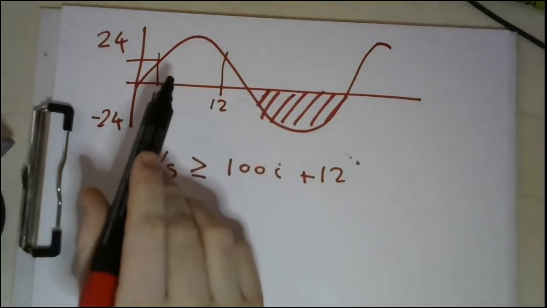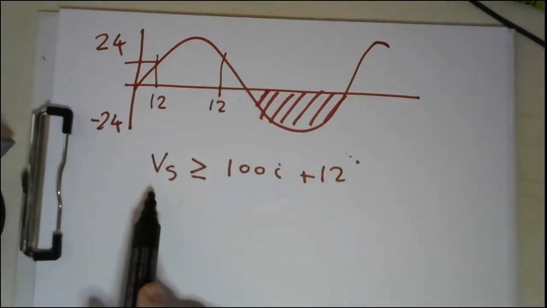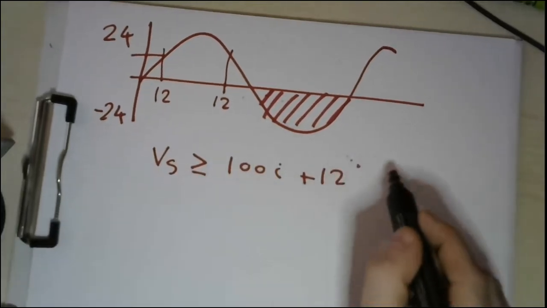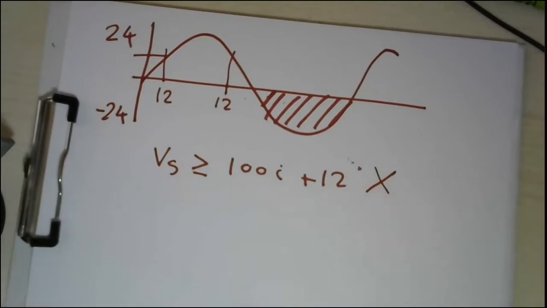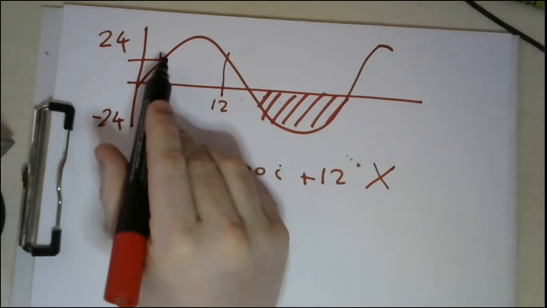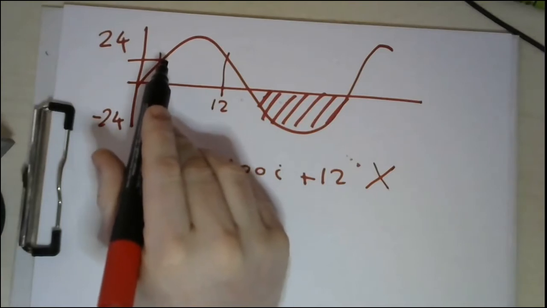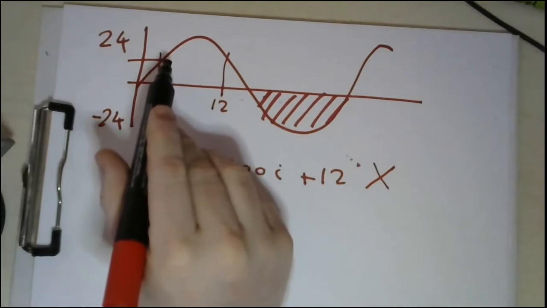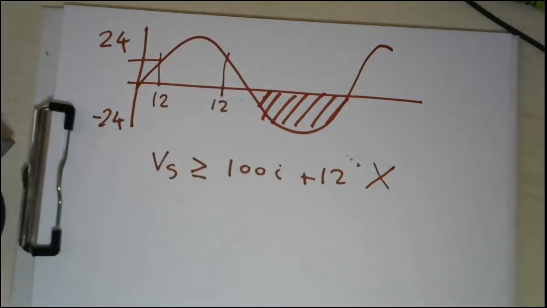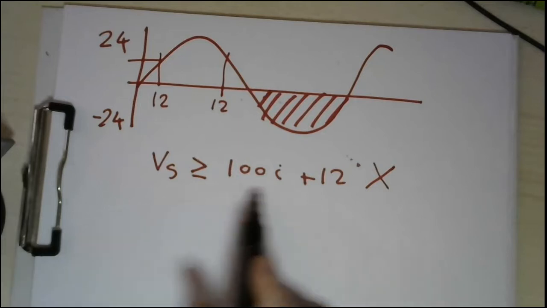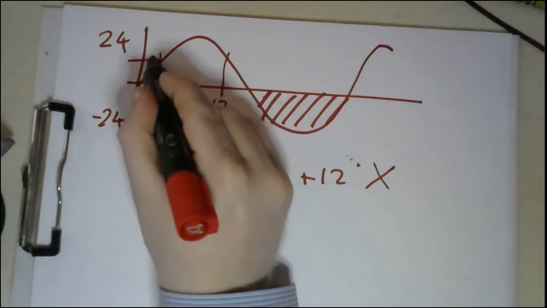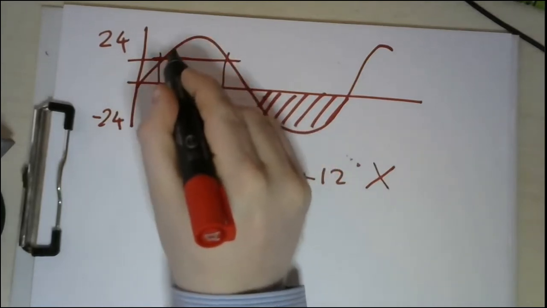So if the source voltage is smaller than 12, this condition will not be satisfied. If the voltage is greater than 12, then your diode will start to conduct, and this equation will be satisfied. So your diode will conduct only in this region.